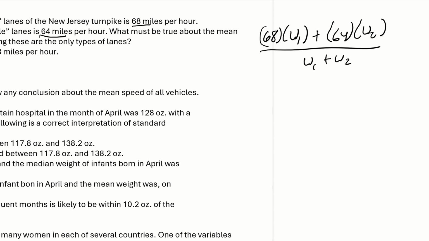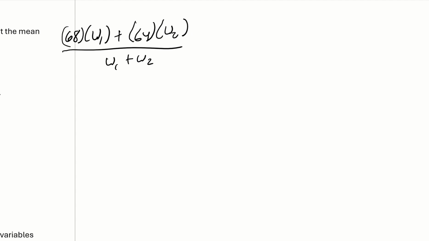Okay, so percentage, or let's do it as a decimal. So for example, let's say 0.5 of the vehicles, or 50%, same thing, right? 0.5 of the vehicles are traveling at 68 miles per hour. 0.5 of the vehicles are traveling 64 miles per hour. So 50% on both, right?